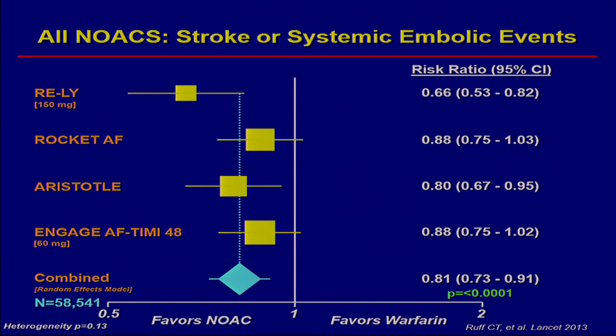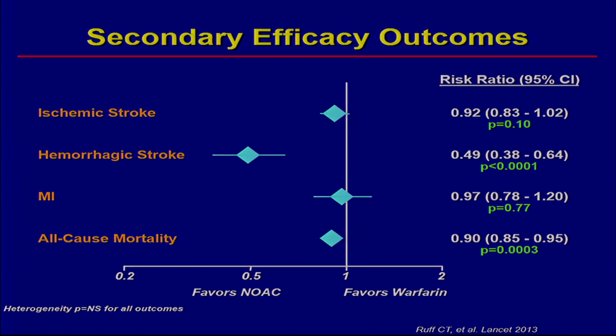So this is a meta-analysis that showed that, relative to warfarin, NOACs had overall a better profile regarding stroke and embolic events. They also had similar outcomes regarding secondary efficacy outcomes, and overall showed non-inferiority to warfarin.